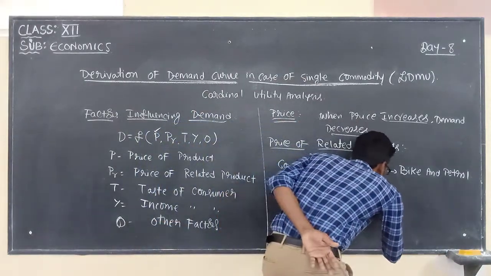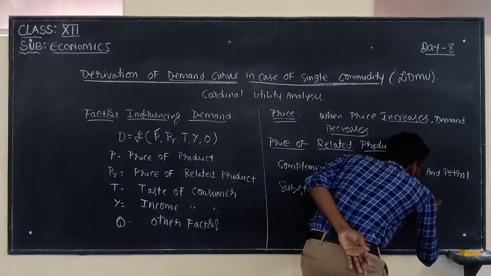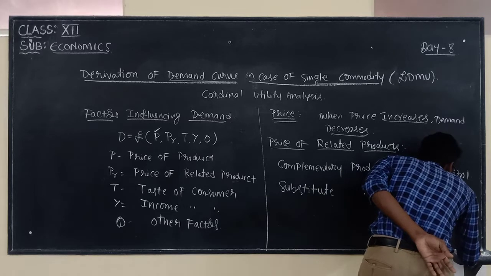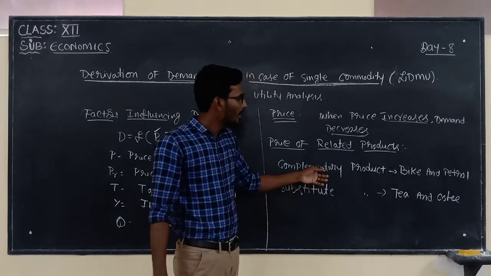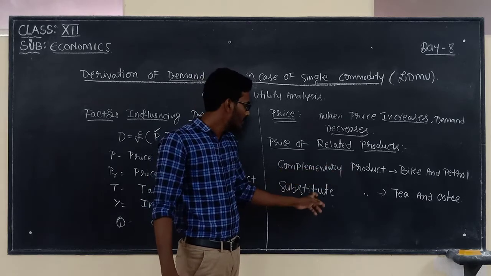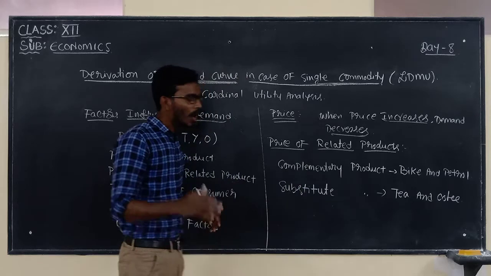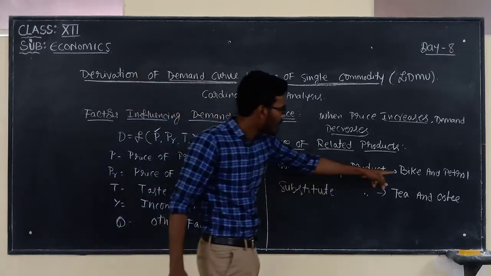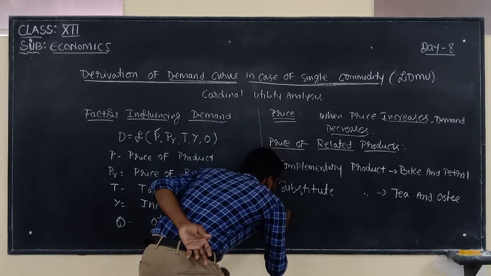The best example for substitute is tea and coffee. I hope you are very clear, right? Complementary products: bike and petrol. Substitute products: tea and coffee. So now let us find out how this will be influenced. First of all, take bike and petrol.